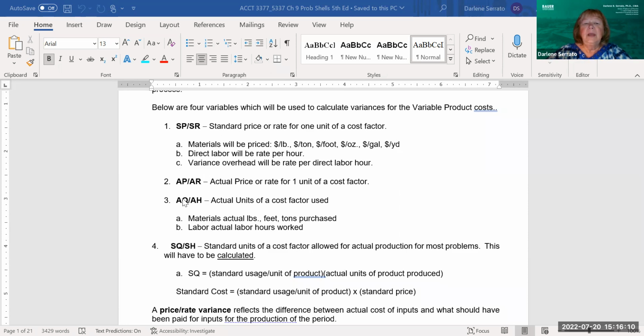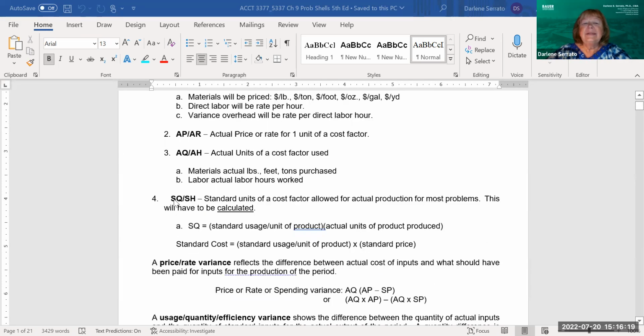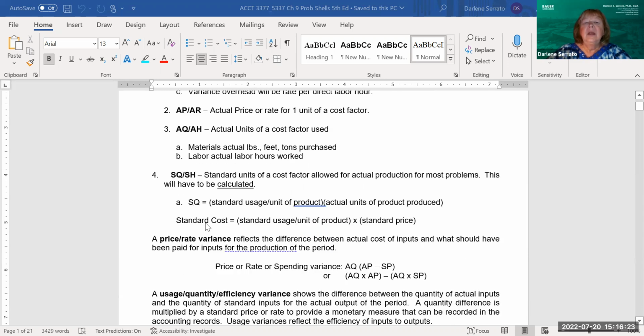Actual price or rate, actual quantity of input, actual hours of input. SQ or SH, standard quantity allowed. This is the formula for standard quantity allowed: standard usage per unit of product times actual units produced.